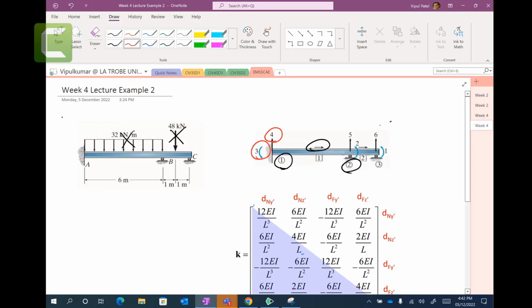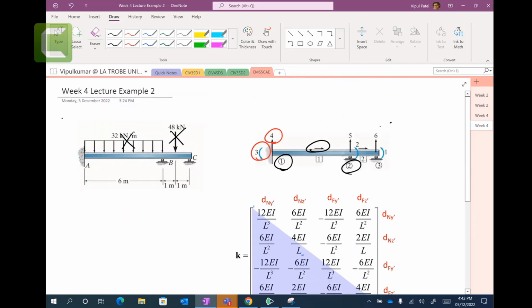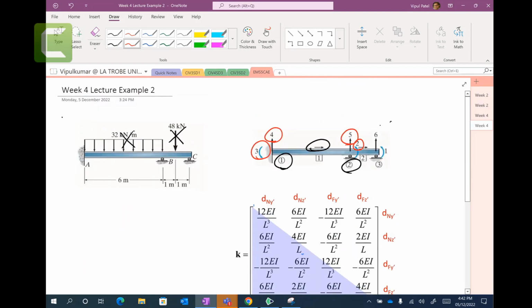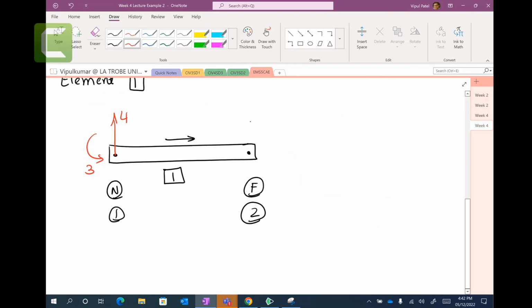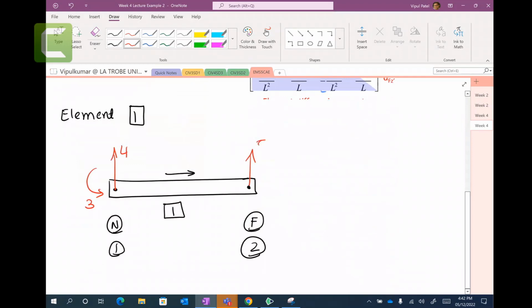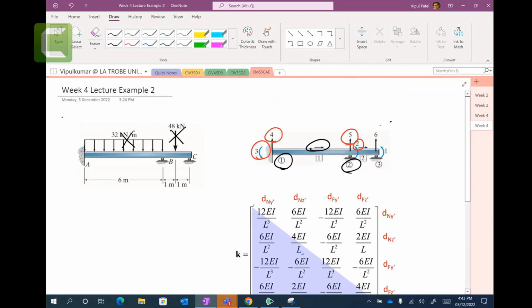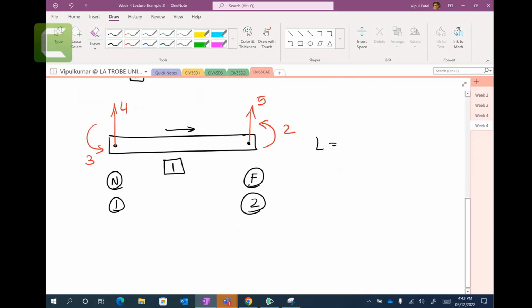You have 4 and 3, and you have here 2 and 5. The length of this one would be 6 meters.